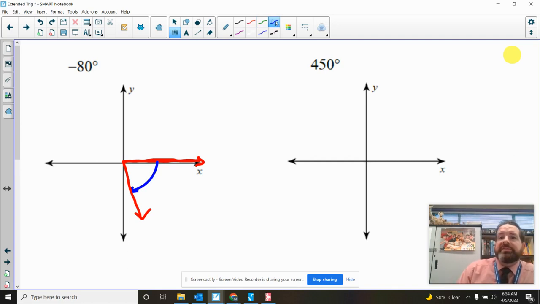Let's take a look at 450. I'm going to make a note here that 450 is 360 plus another 90. Starting at the same place every time, what we have is our initial side. This is a positive angle, so we're going counterclockwise.